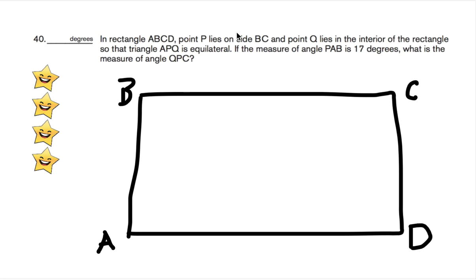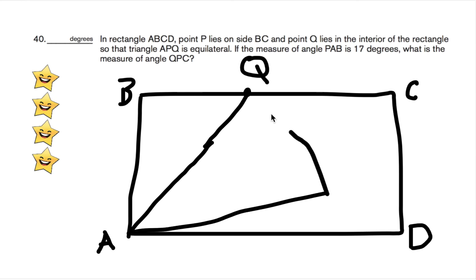Point P lies on side BC, and point Q lies in the interior of the rectangle, so that triangle APQ is equilateral. So this might not be perfectly to scale, but that's okay. So point Q lies here, so that this triangle is equilateral.